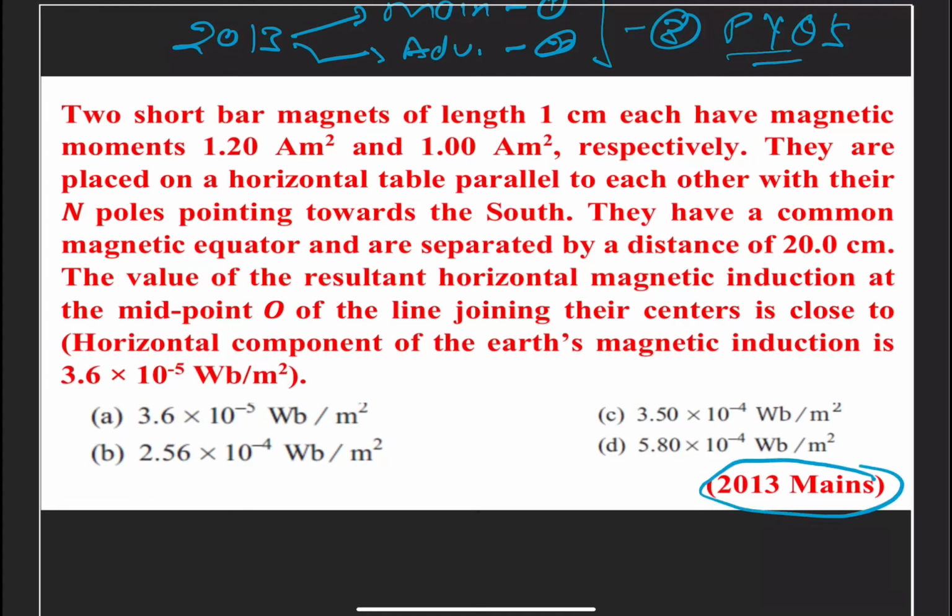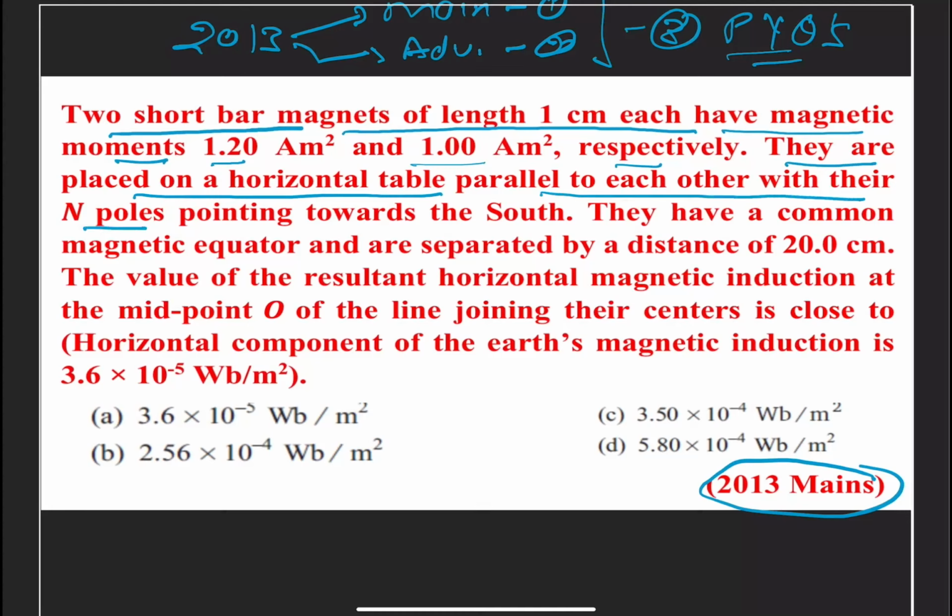it says that two short bar magnets of length 1 centimeter each have magnetic moments of 1.2 and 1 ampere meter square respectively. They are placed on a horizontal table parallel to each other with their north poles pointing towards the south.